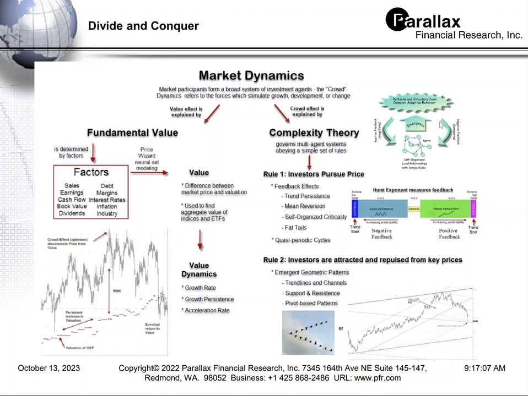And on the other side, negative feedback is just the interplay of supply and demand. On a single security, if supply and demand is in contention, you tend to have negative feedback. Every time the security goes up in price, the supply dumps it. Every time it comes down, the demand buys it, and you have this interplay, which is kind of like a thermostat. So the feedback mechanism in complexity theory, through this set of agents with simple rules, creates an effect called emergence.